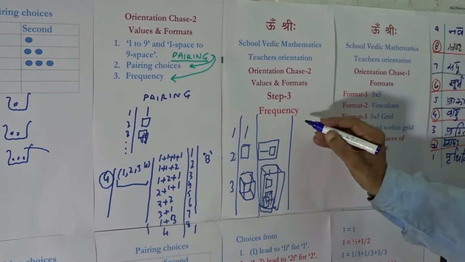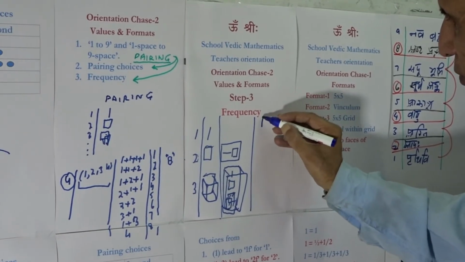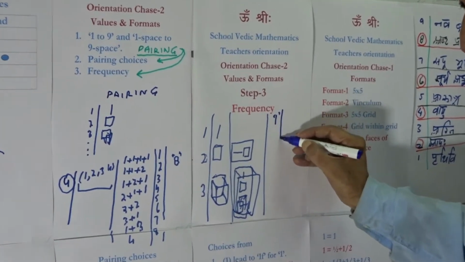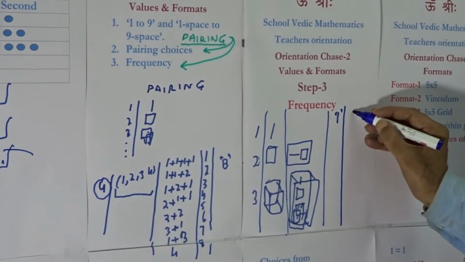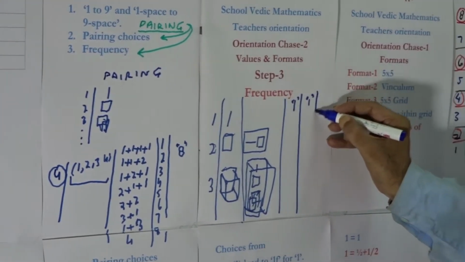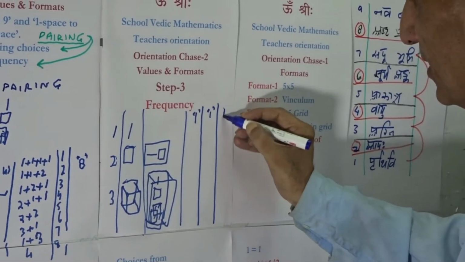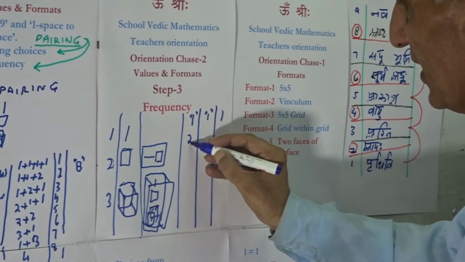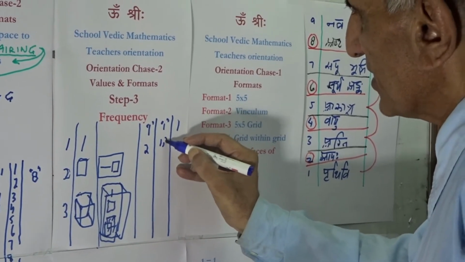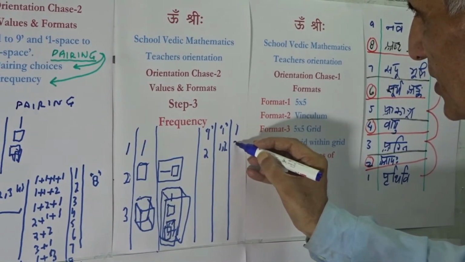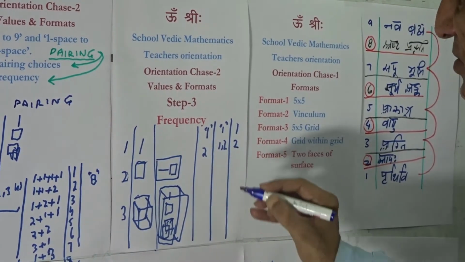See, for reach at value 1 by a choice from the set of value 1 only, the frequency is 1. For reach at value 2 by choices from the set 1 and 2, there are 2 choices, that is, the frequency is 2.